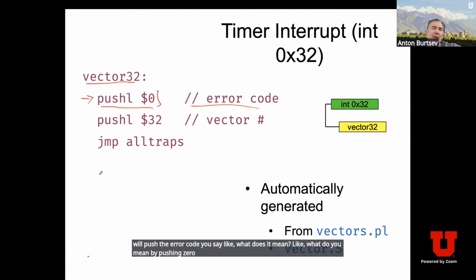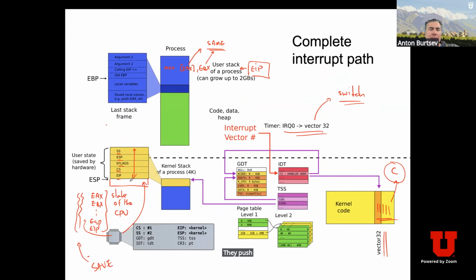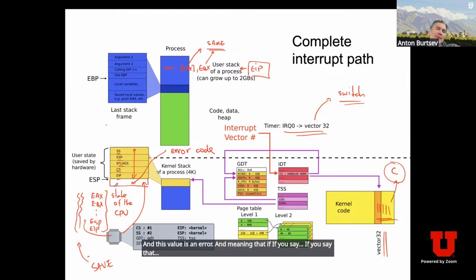The reason is that some exceptions push an additional value, an error code, and some don't.